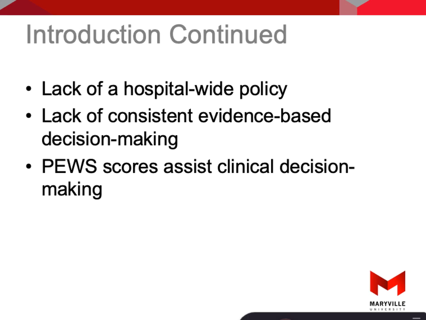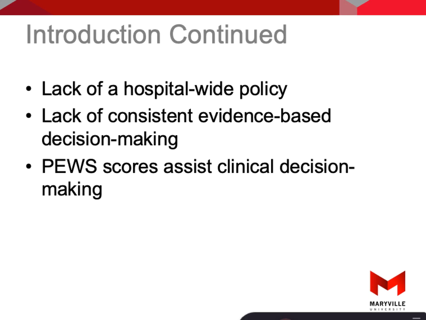The nurses use Pediatric Early Warning System scores, or PEWS scores, in the electronic medical record to assess severity of symptoms and determine when the next level of care is necessary. PEWS scoring tools incorporate clinical information such as vital signs, change in behavior, as well as work of breathing and perfusion.